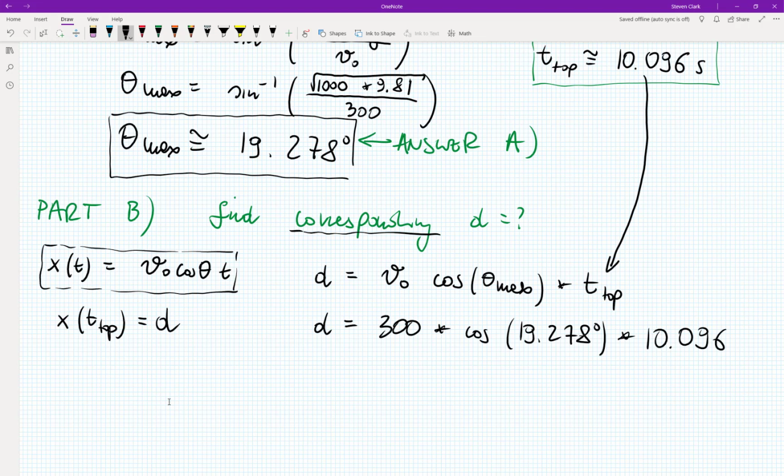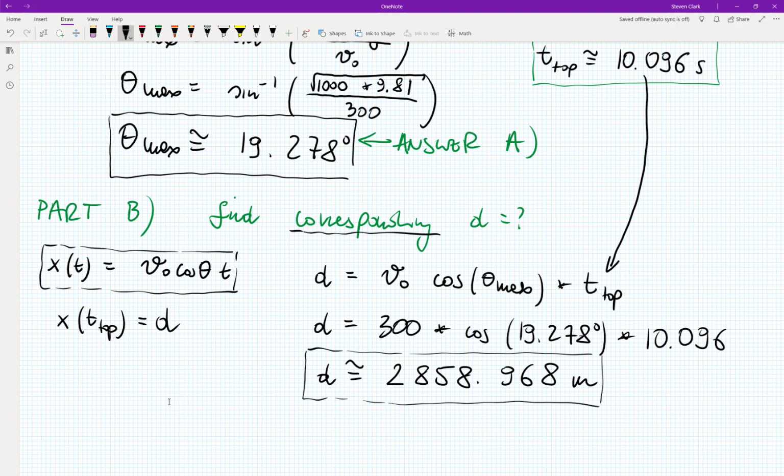For the last time today, grab your calculators and obtain that our distance is approximately, oh, that's a large number, 2,858.968. So almost 3 kilometers. So is it possible that such a fireworks show will be that far away? Honestly, I don't know. But this is the correct answer for that problem. Answer B.